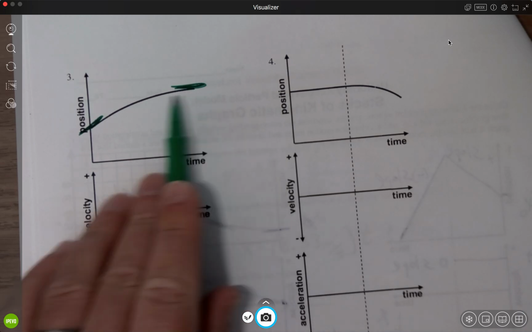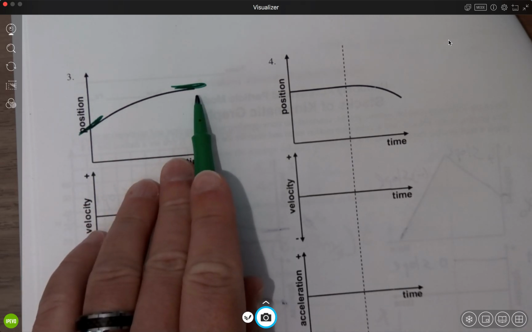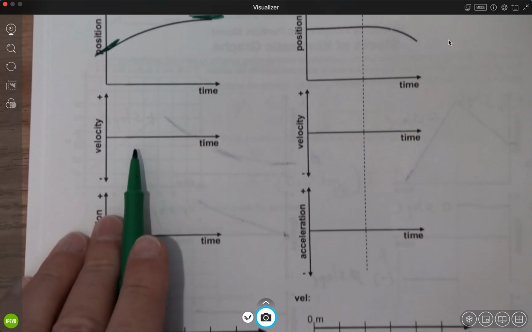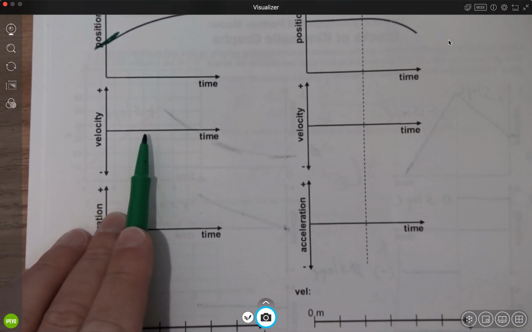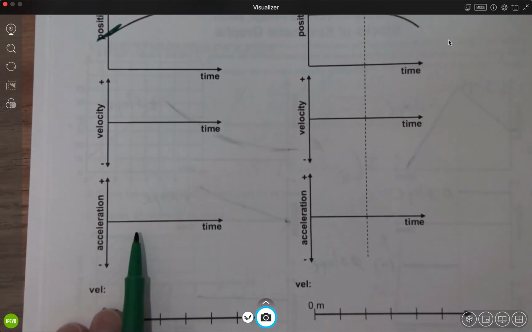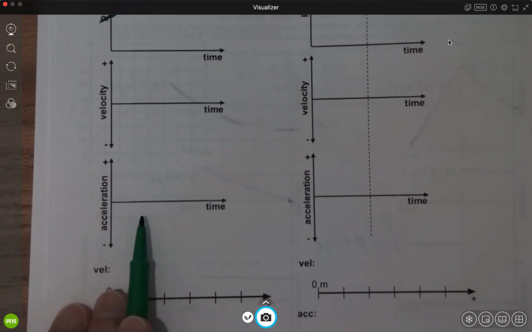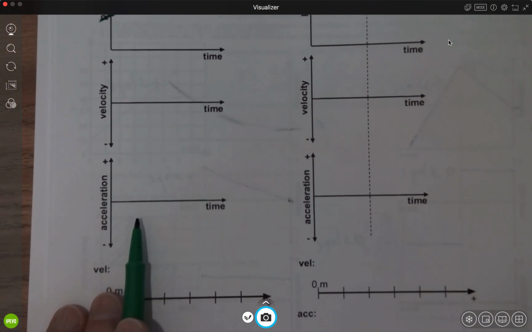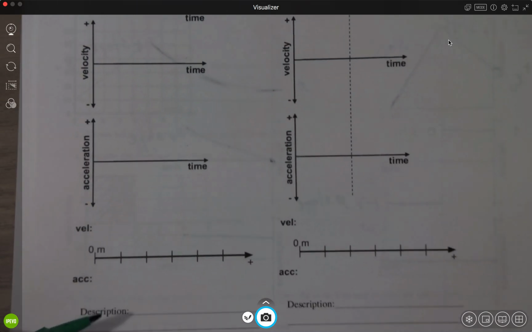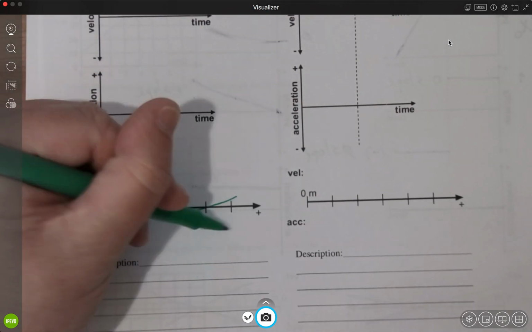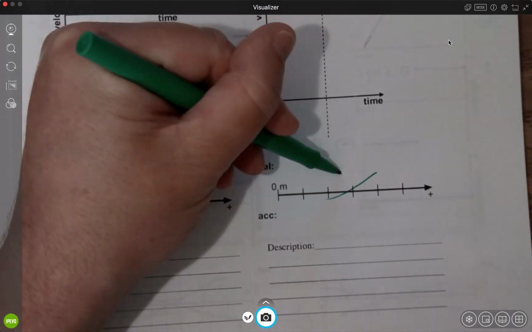So you need to get the velocity of something that's moving in the positive direction, and then it stops. In order for the velocity to change like that, there has to be an acceleration. So you need to get that acceleration here. And further, once again, we're not doing this, we're also not doing this.